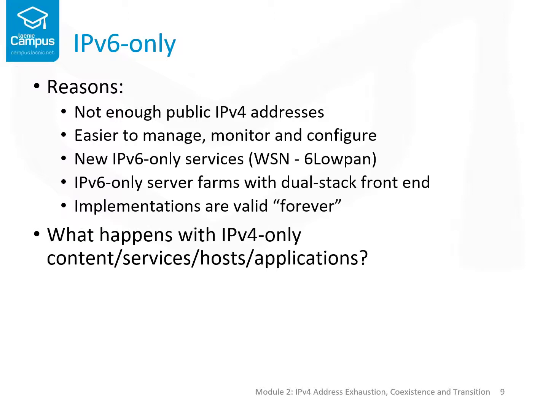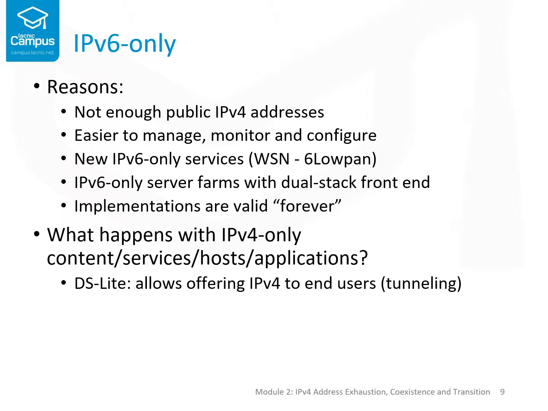This option has a downside. How does one allow nodes on the IPv6 only network to access IPv4 only content? For these cases, we'll see that currently two options exist. First is the DS-Lite tunneling, IPv4 encapsulated in IPv6, which allows you to offer IPv4 to end users.